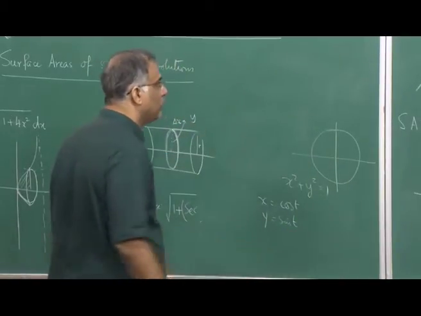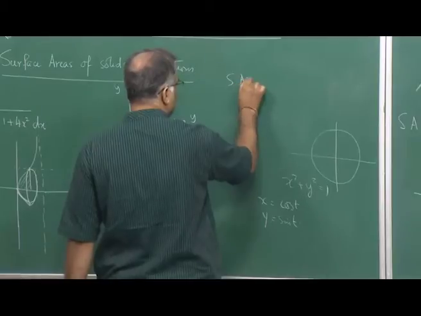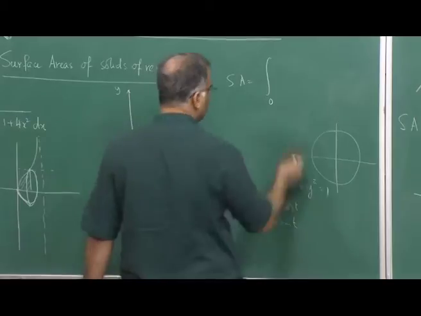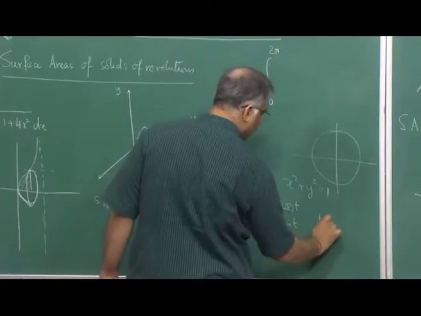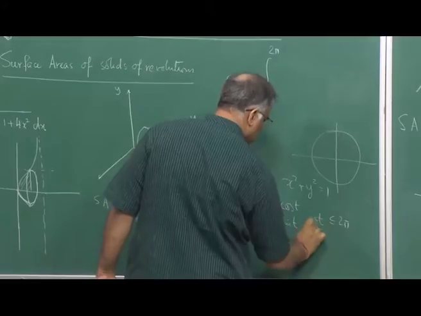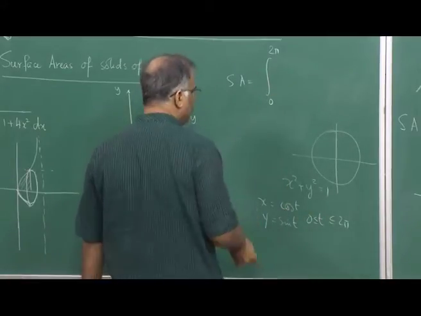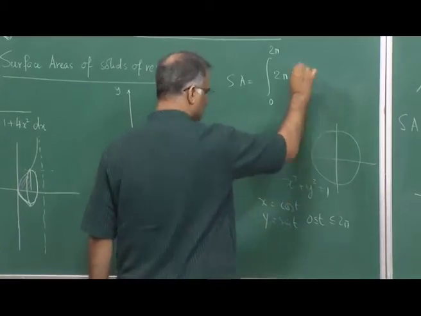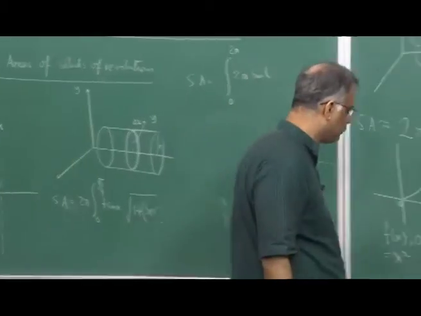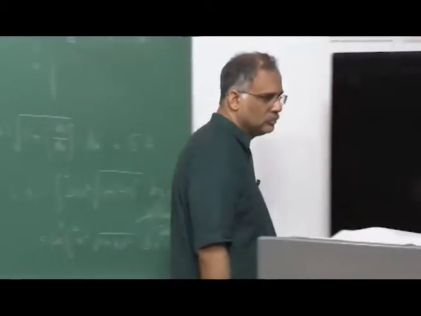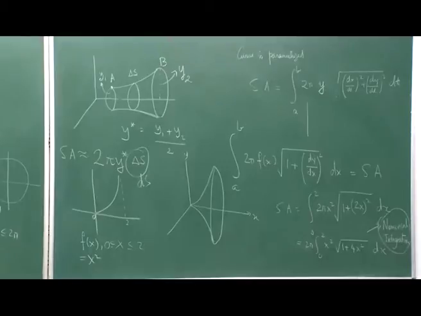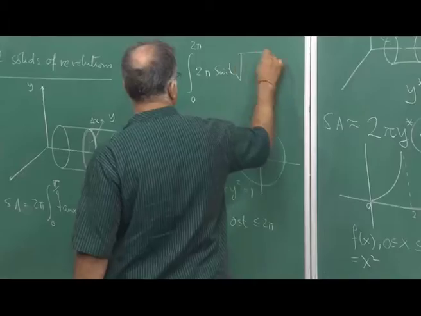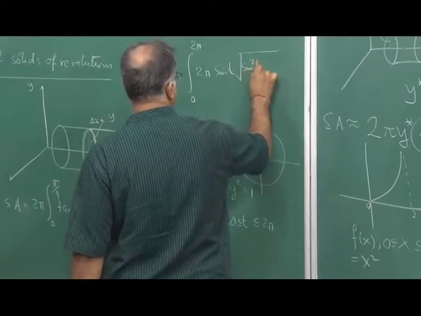I will go by that formula, S A is equal to integral 0 to 2 pi, because t varies from 0 to 2 pi, that you already know, and then I have 2 pi into y, y is sin t, and the length, as we have already done in the last class, is root of sine square t plus cos square t.